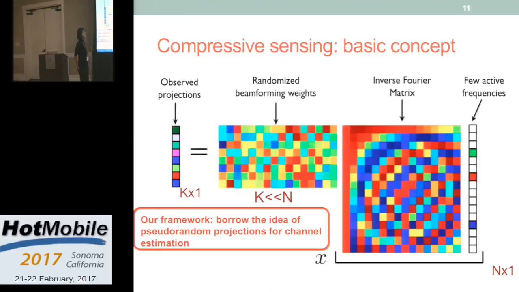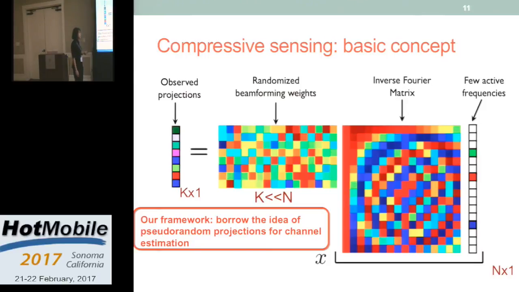But what is our suggestion? First, I need to explain the idea of compressive sensing, which we are borrowing to develop a framework for channel estimation in millimeter wave. The idea of compressive sensing is that if we have a high dimensional signal, for example X, and we know that this signal is sparse in some specific domain.